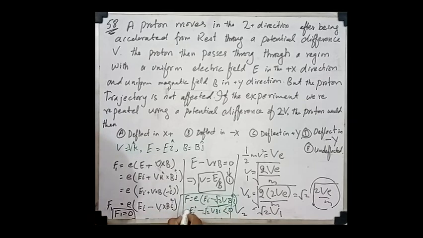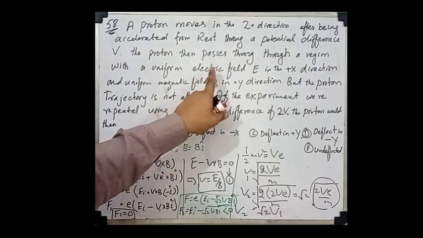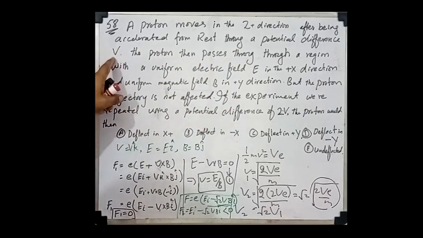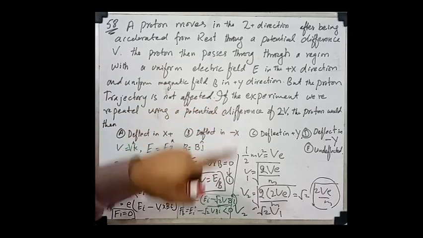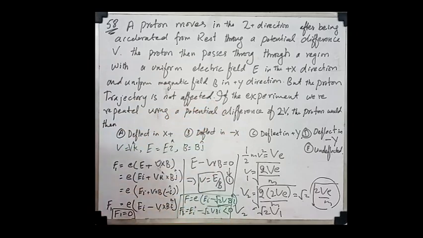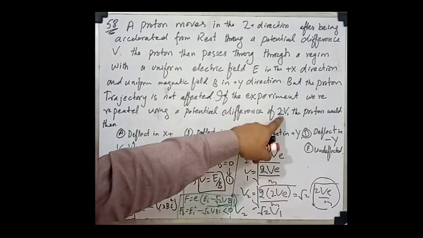So this is negative, and the difference of these two will be less than 0. If this is F2, the second force, applied on the proton when the potential difference is doubled, this force will always be less than 0. Less than 0 means the net force was 0 when the potential difference was V, and the net force has now decreased, meaning it is reversed in direction when the potential difference is doubled.